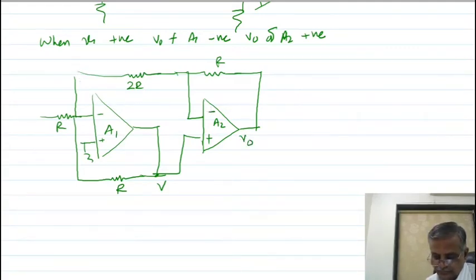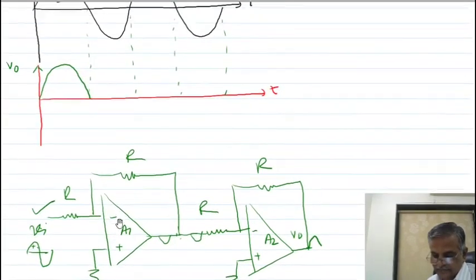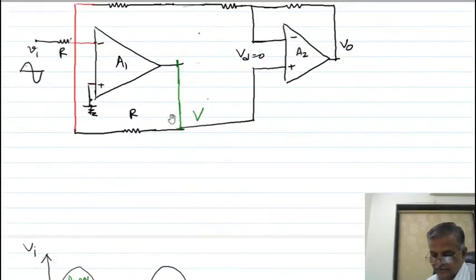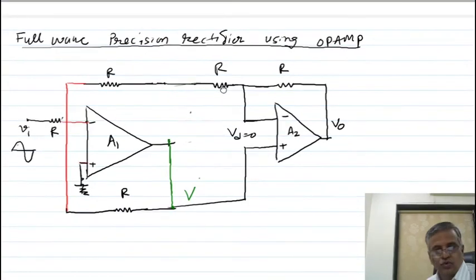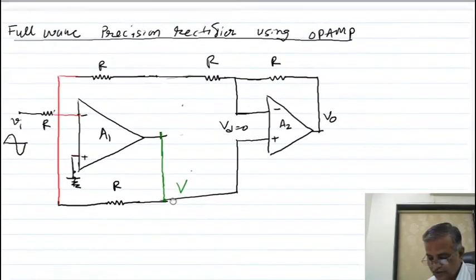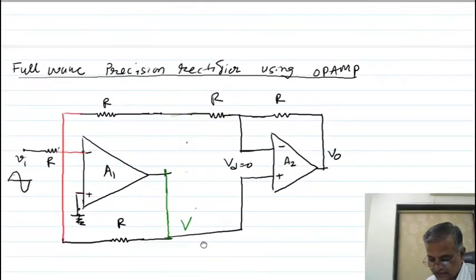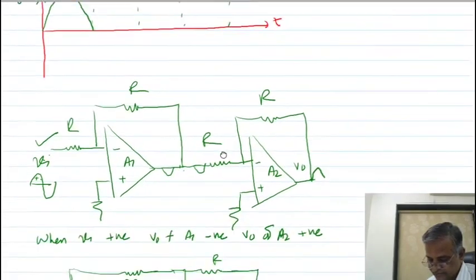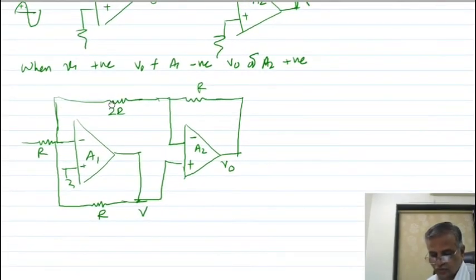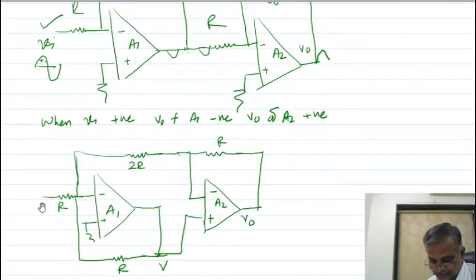Look here now. R plus R is 2R, so that is why I have shown 2R. This is as it is. This is Vi, as it is.